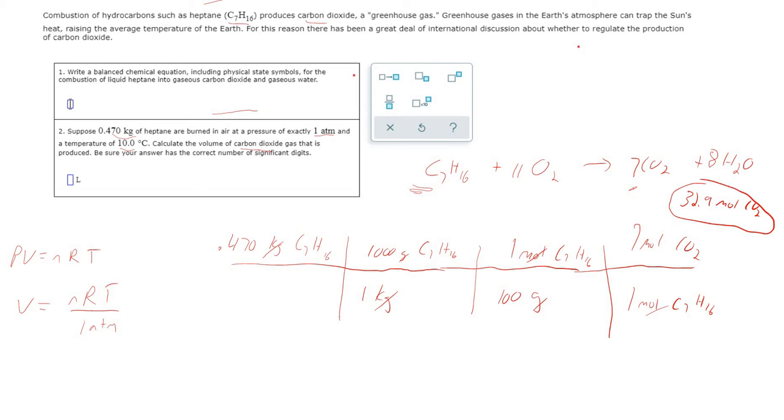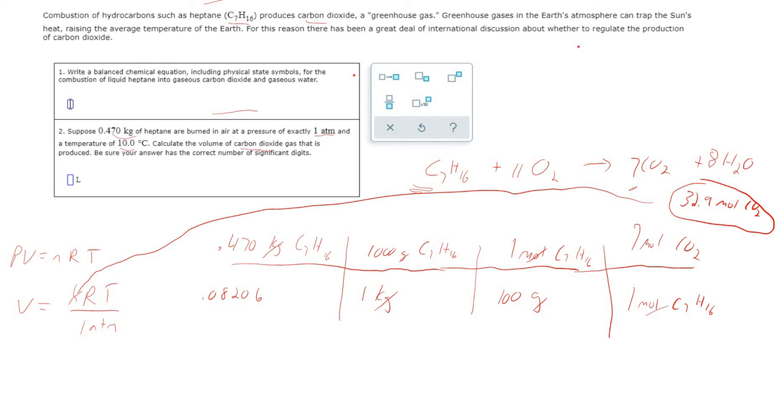Okay, so I can take this number of moles and put it in here because it's asking about CO2. All right, I know what R is. It is 0.08206, and it's going to have units of liters, atmospheres, kelvins, and moles. Okay, so I need to make sure I am in all of those.